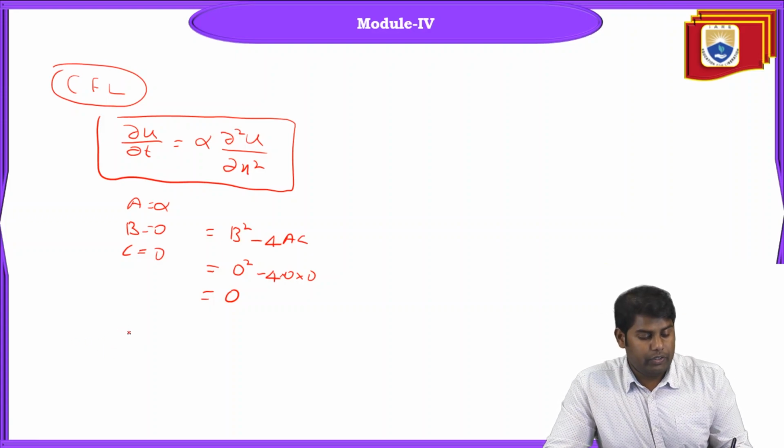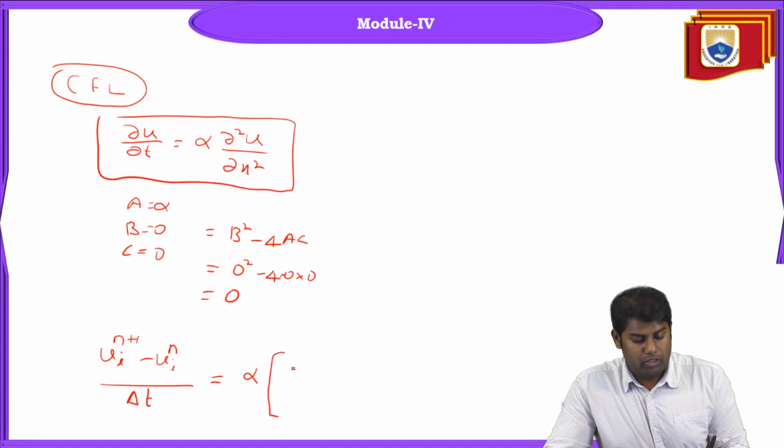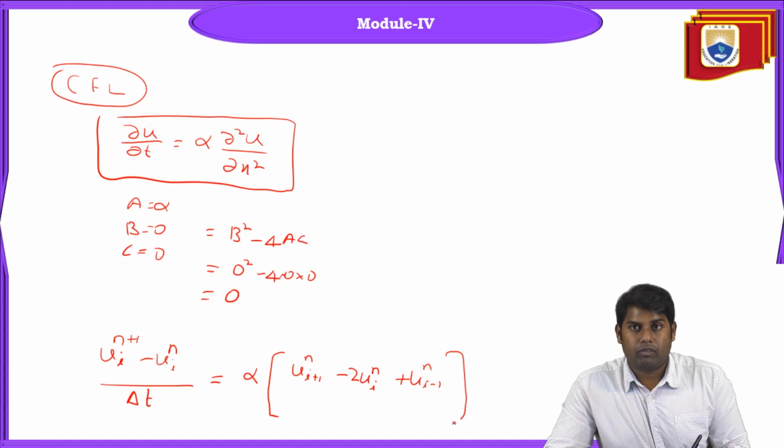Here we have u of i to the power of n plus 1 minus u of i to the power of n, divided by delta t, which is equal to alpha into u of i plus 1 to the power of n minus 2 u of i to the power of n plus u of i minus 1 to the power of n, divided by delta x square.